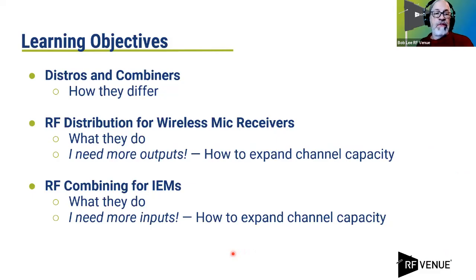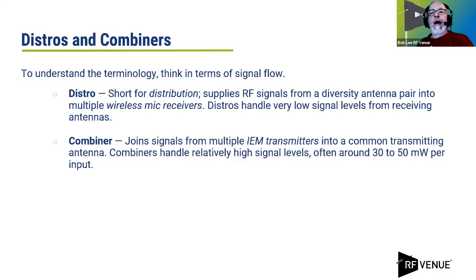Well, anyway, the general rule of thumb, okay, here it comes. Distros and combiners: a distro is short for distribution. So it supplies RF channels from a diversity antenna pair, just two antennas, into multiple wireless mic receivers. Okay, so distros handle really low signal levels picked up by receiving antennas.